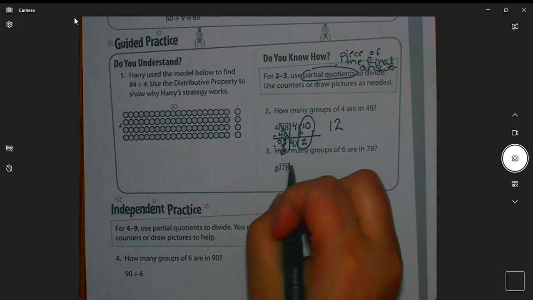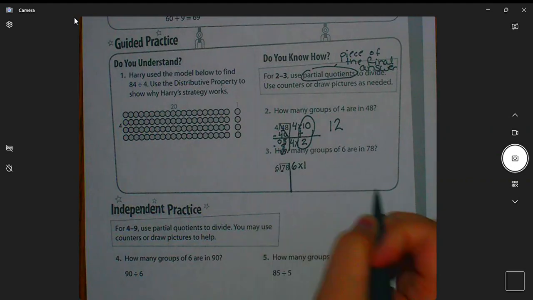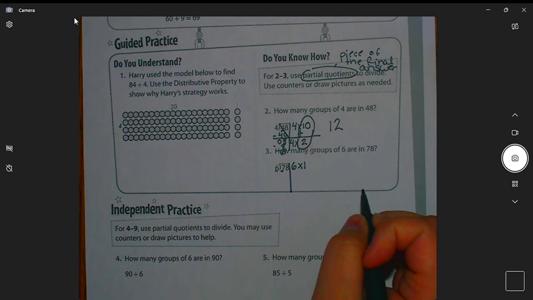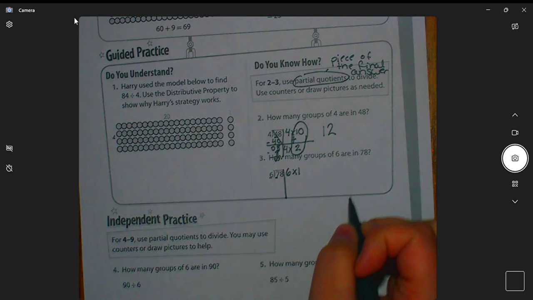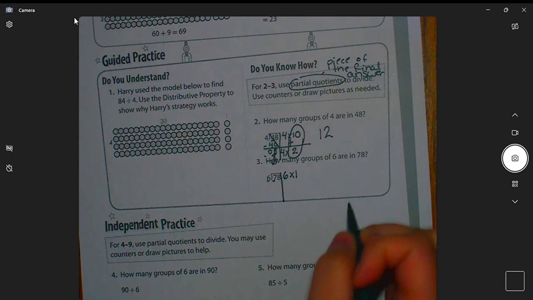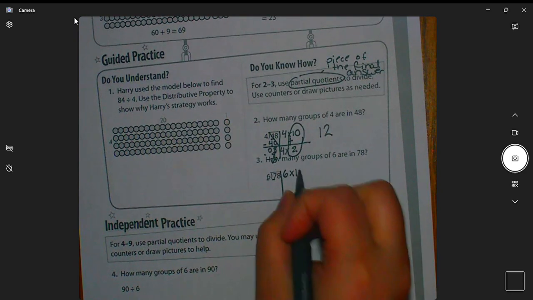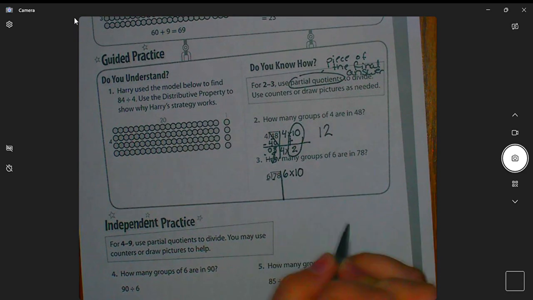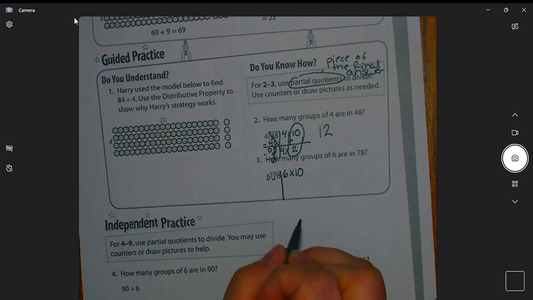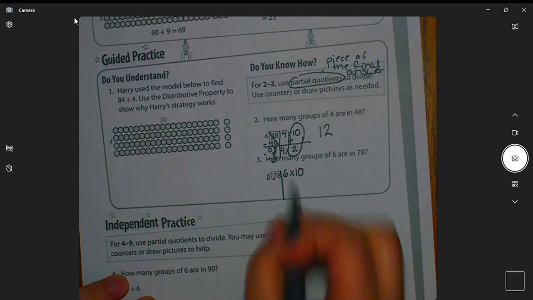So, 6 times 1. But is it just a 1? No. What place is that 7 in? Right, it's the tens place. So it is 6 times 10.